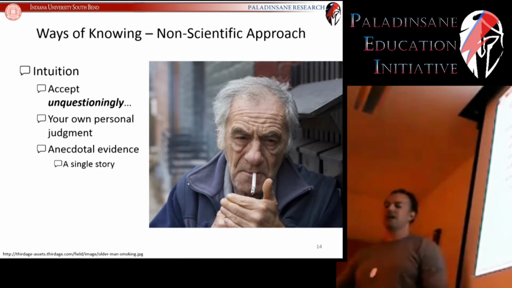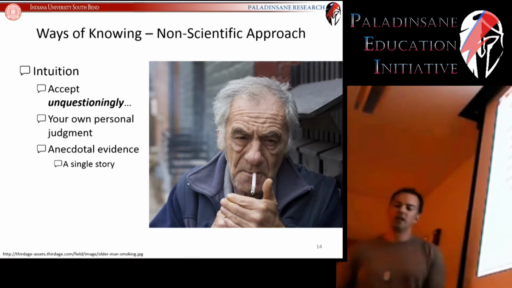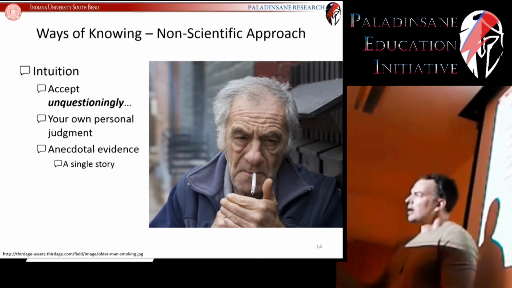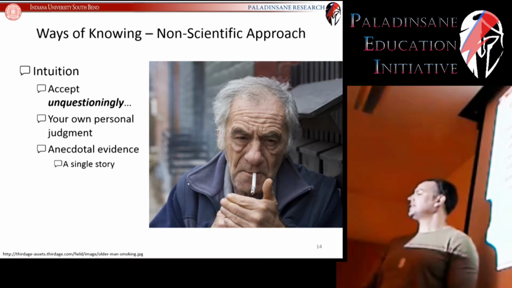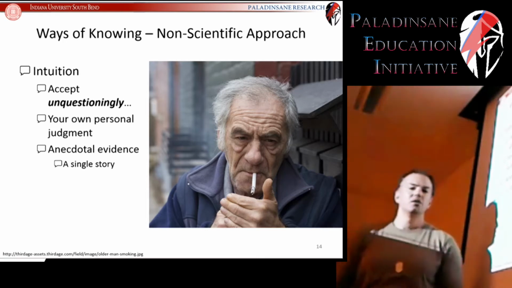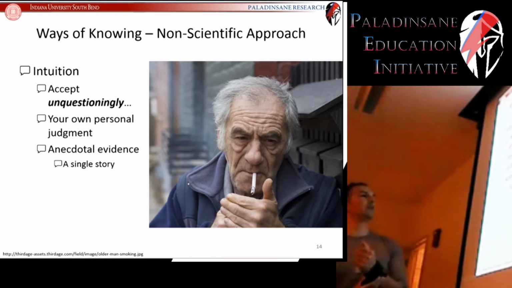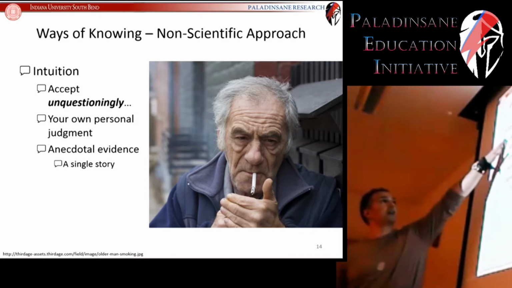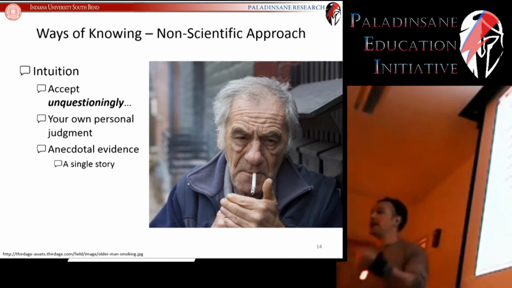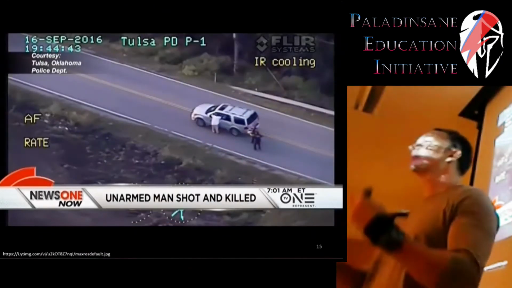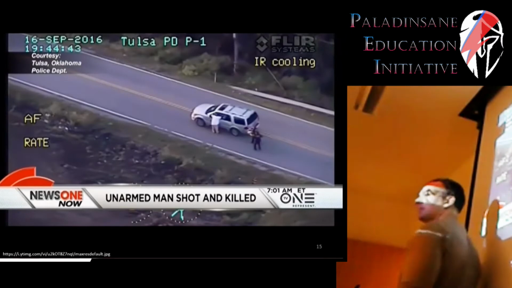So this is especially important in today's world, where single stories are so incredibly easy to find. I'll give you an example of another effect of intuition, another effect of this anecdotal evidence that has a lot of impact for our society, and that has to do with the Black Lives Matter movement.